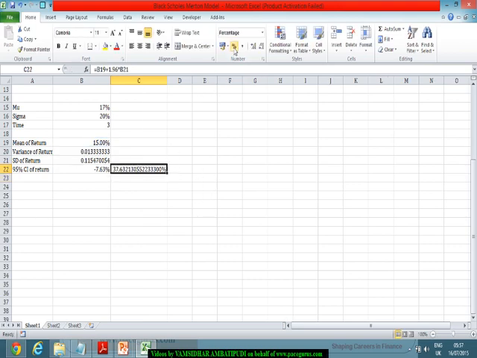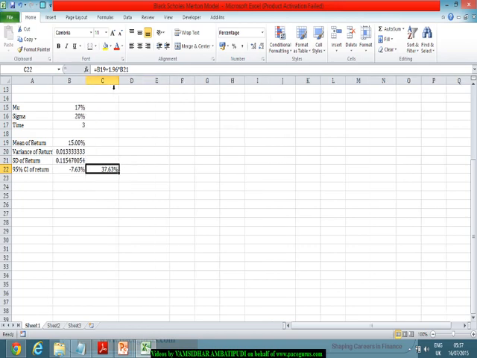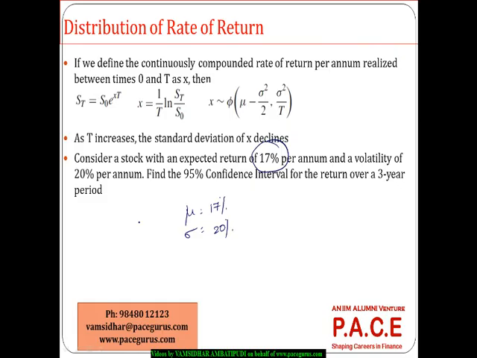Within 3 years, the 95% confidence interval of the return is any number between minus 7.63% and 37.63%. So that is what could be understood about the distribution of the rate of return in this example. Right?